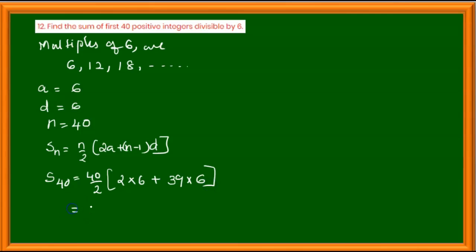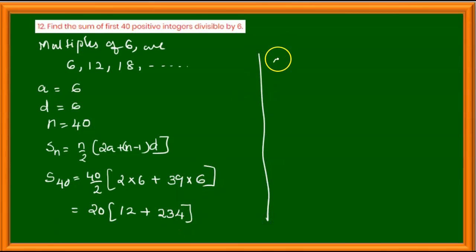Calculating, we get 40 by 2 is 20, into 2 into 6, which is 12, plus 39 into 6, which is 234. So S40 is equal to 20 into 12 plus 234.